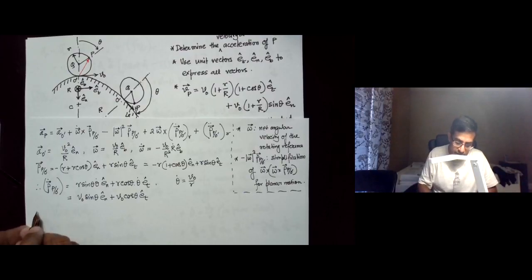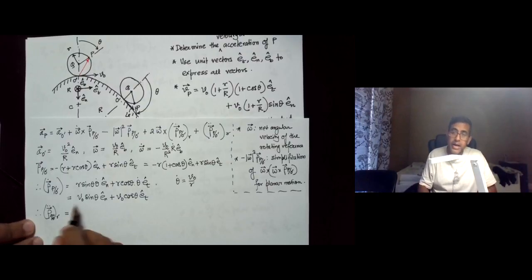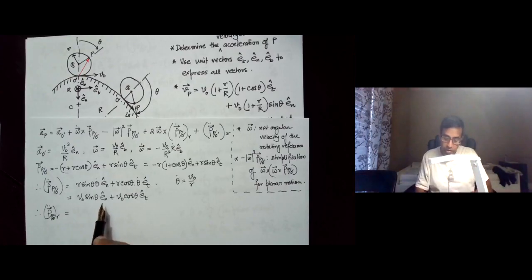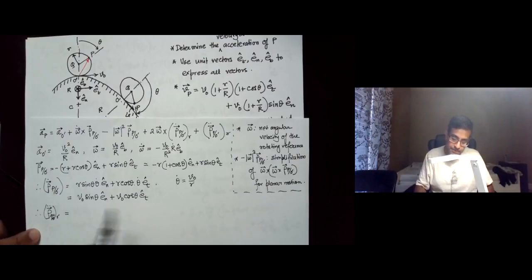Alright, so that's done, and we also need to derive an expression for the acceleration of P with respect to O prime in this rotating frame, and that will be found again by taking the differentiation of this vector. Again, since the velocity that we are seeking is within the rotating frame, we are not going to differentiate En and Et. The only parameter that will be variable in this differentiation is going to be theta.